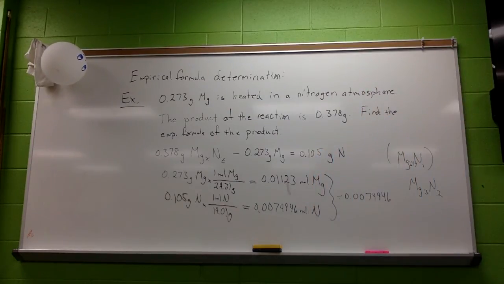Now, those of you that are chemically aware, when I said magnesium and nitrogen, most of you already wrote the formula. What is the name of this, by the way? Nitride.